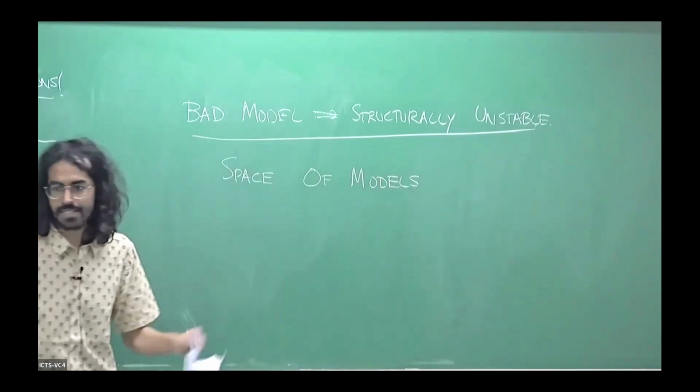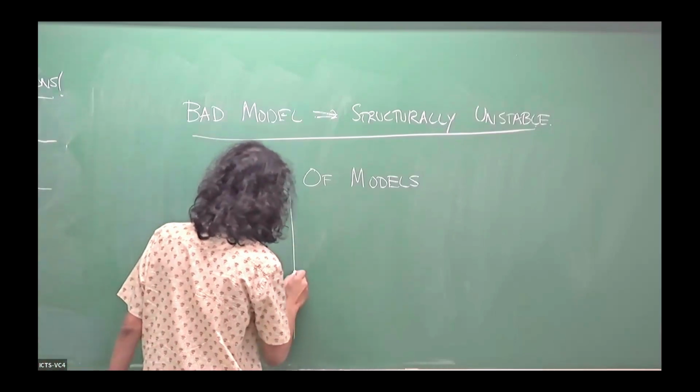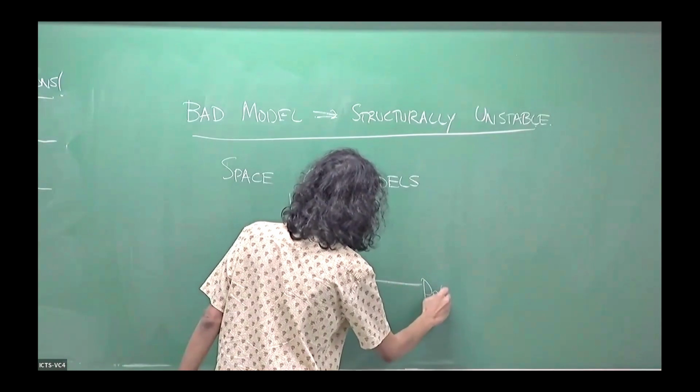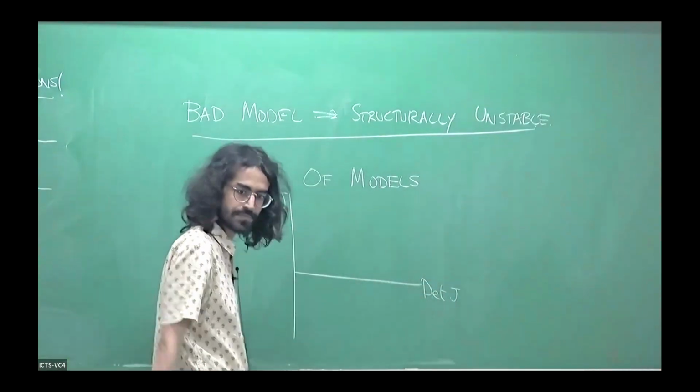And let's say we care about those models which give you this kind of fixed point that we care about. And say that we're interested in the dynamical stability of this. We already talked about the fact that it's the trace and the determinant of this Jacobian that we really care about. So maybe what I should draw in this phase space is the trace and the determinant of this Jacobian.